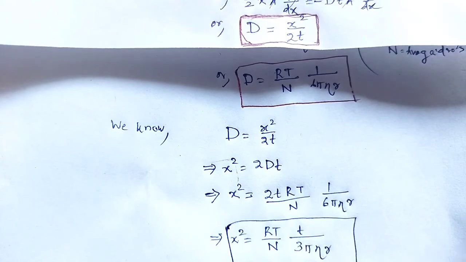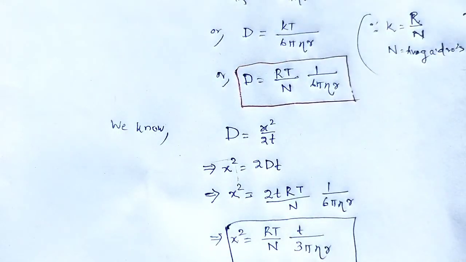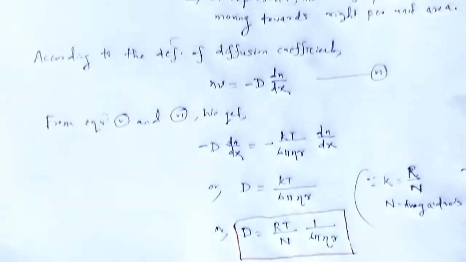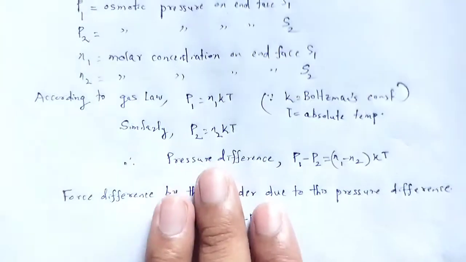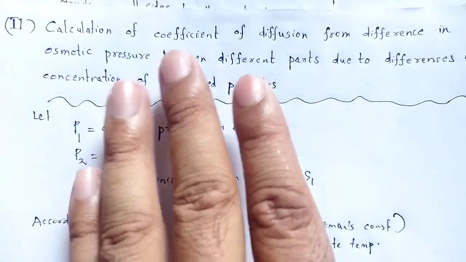So here we calculated the diffusion coefficient by using the second one, due to the difference in osmotic pressure.